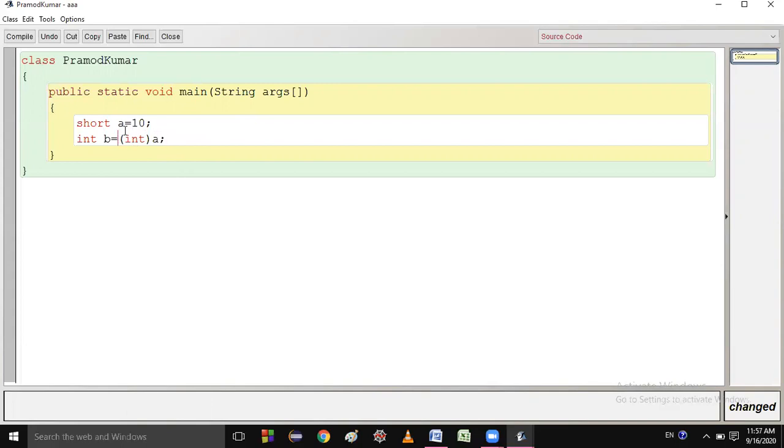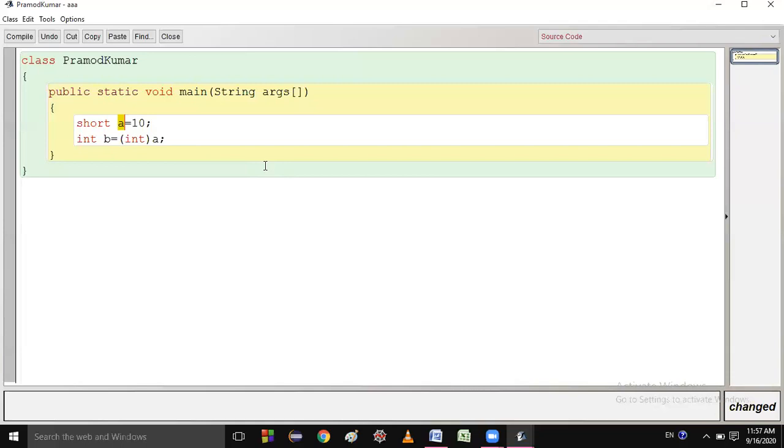Listen very carefully. You are converting, just see here. What is the type of a? Short. Short type.